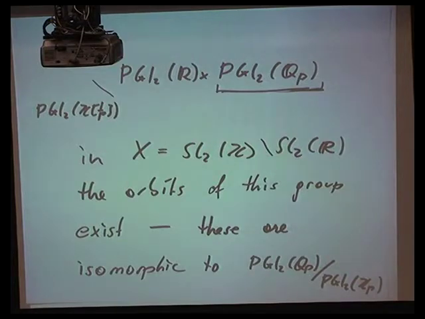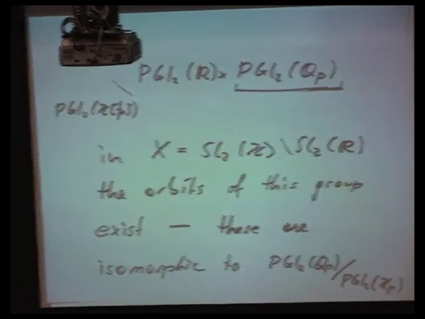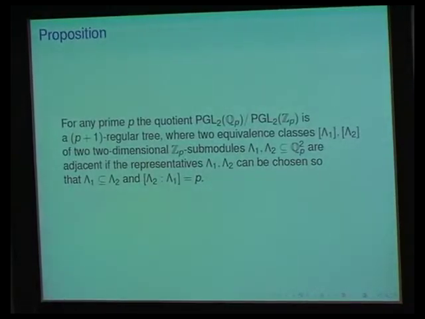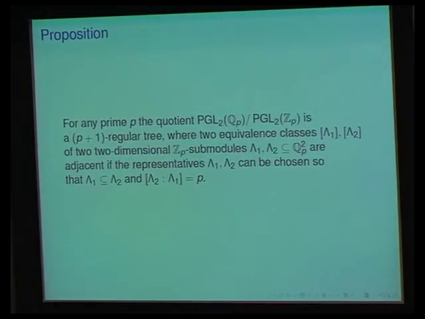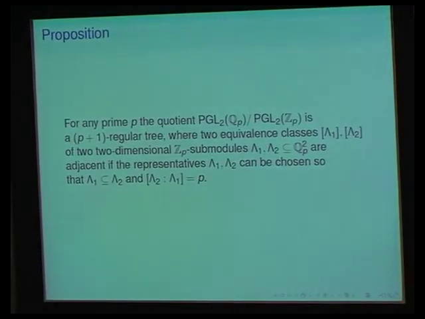Of course, it needs to be a tree. So this is what the proposition over there says. For any prime p, the quotient PGL2QP mod PGL2CP is a p plus 1 regular tree. P plus 1 is not so surprising because of all the p plus 1s we have seen before.